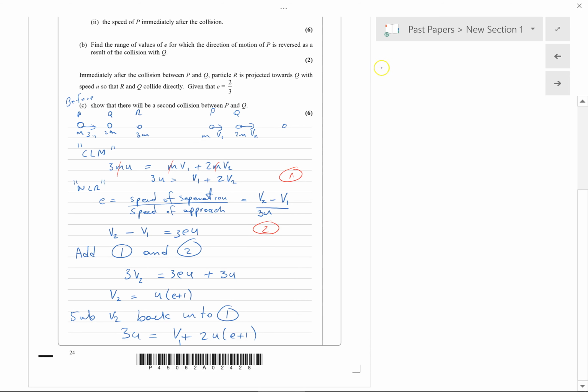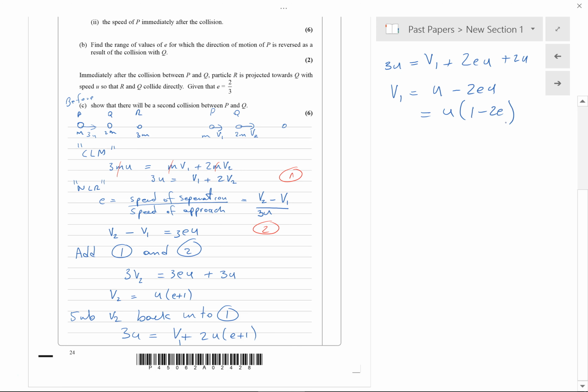So that's 3u is equal to v1 plus 2eu plus 2u. So that gives us v1 is equal to u minus 2eu, or u(1 minus 2e).